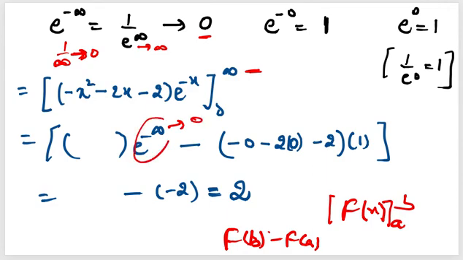So when this term tends to 0, anything multiplied with 0 is 0. So this will tend to 0. And here when you put 0, this e will give me 1, and wherever there is x, that will be 0, and only the constant term will be left, minus 2, because upper limit minus lower limit with the minus sign, I'll get 2 as the answer.